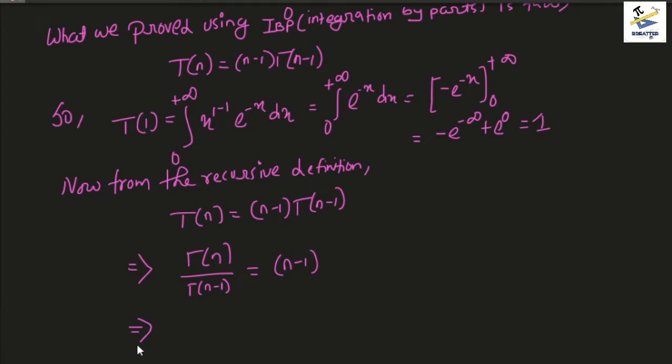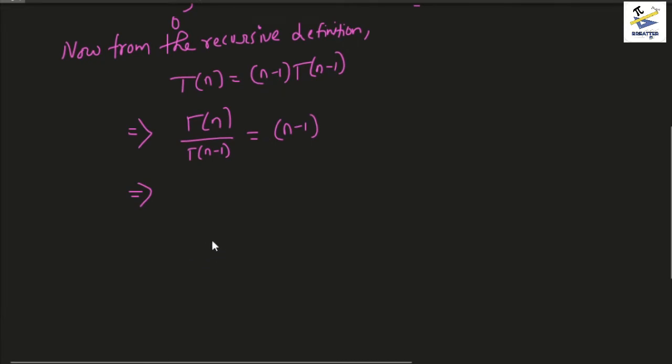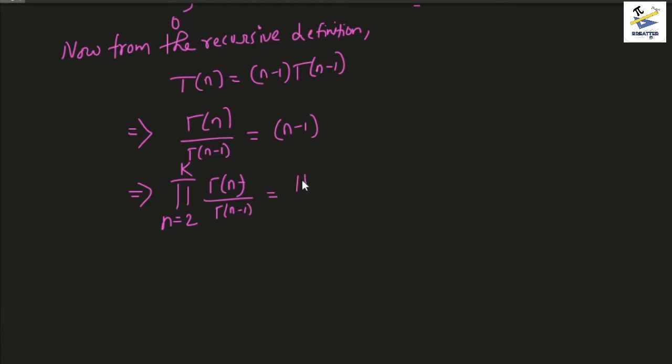Basically what I mean is this: if you were to do a product here for gamma n by gamma n minus 1, and the same thing on the right hand side, up to some natural number k, where k is greater than or equal to 2.